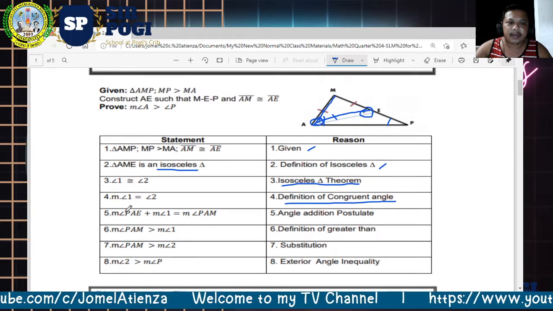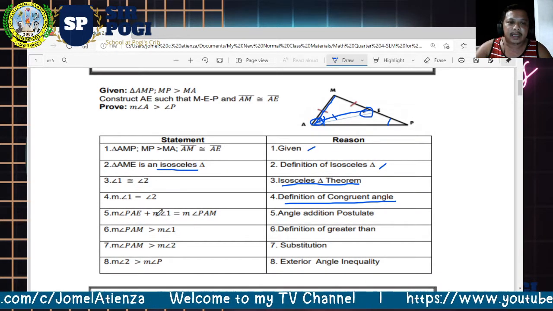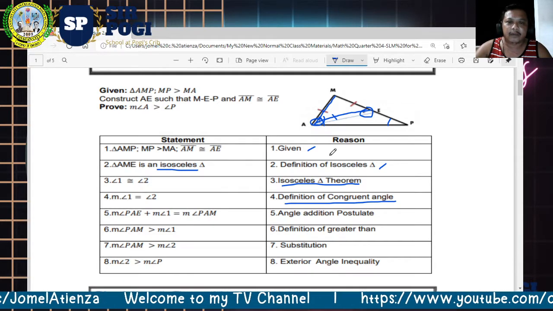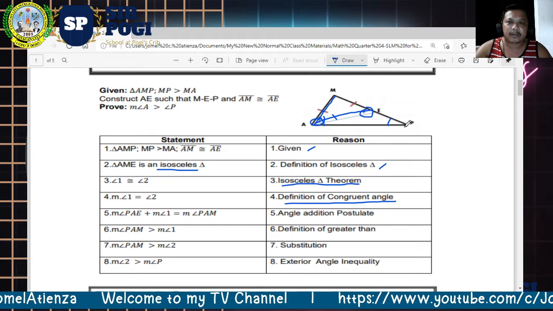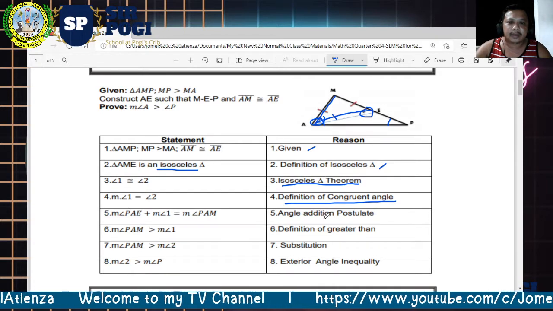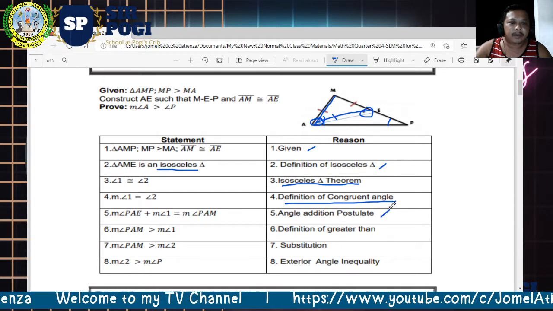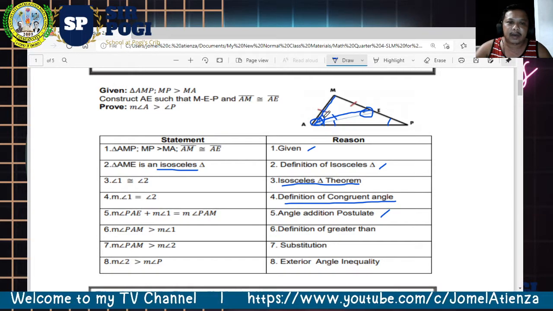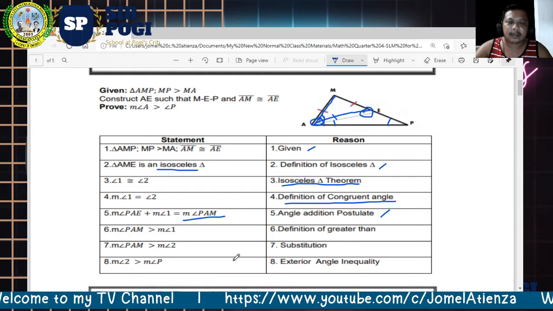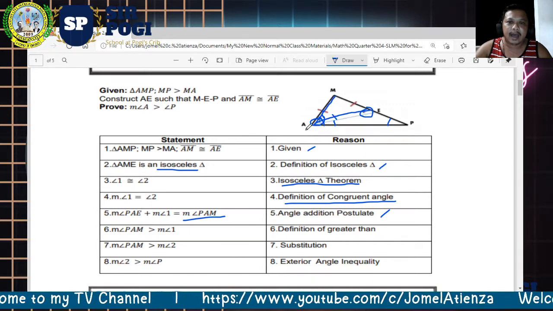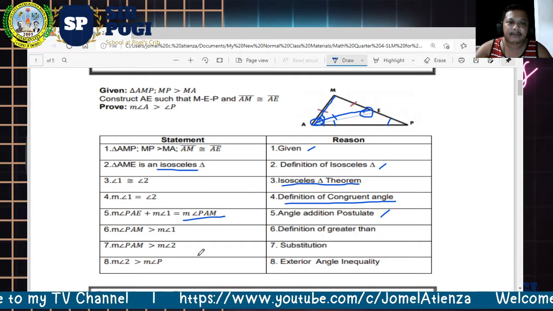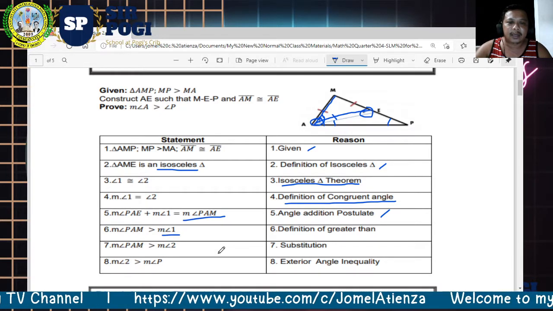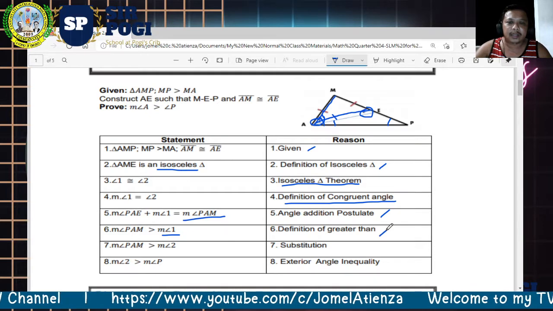Then the measure of angle PAE plus the measure of angle 1 is equal to the measure of angle PAM, by the angle addition postulate. So the measure of angle PAM is greater than the measure of angle 1, by the definition of greater than.